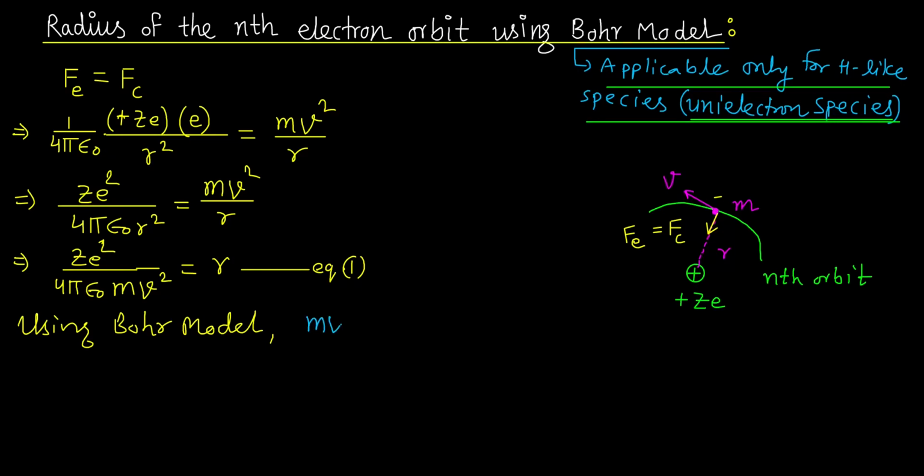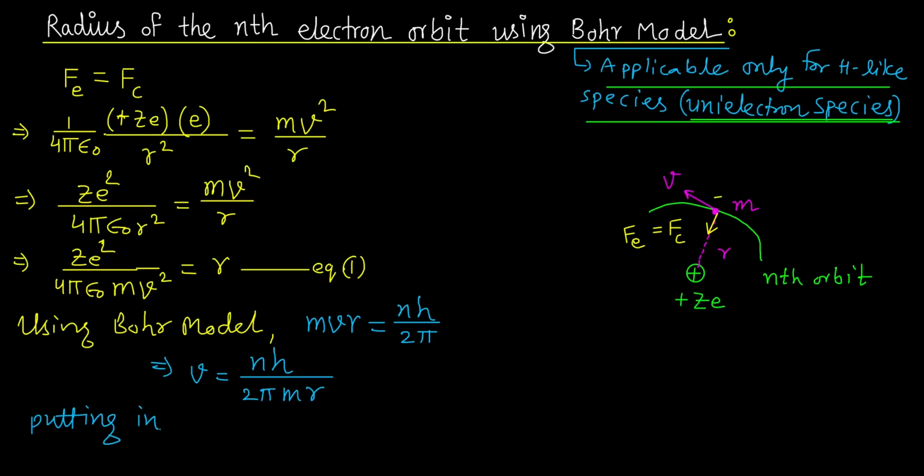That means mvr, the angular momentum of the electron, must be equal to a whole multiple of h upon 2 pi, so that will be equal to nh upon 2 pi. So from here I can write v is equal to nh divided by 2 pi mr. Now I am going to put this expression for v in equation 1. Putting in equation 1, what will you have?